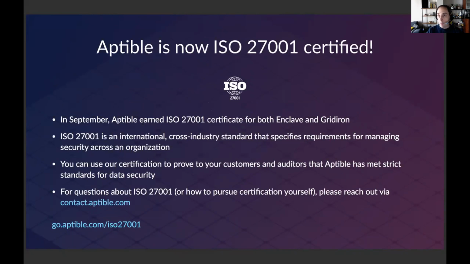One important announcement that I want to make before handing this over to Thomas is a recent announcement for Aptible, the organization. In September, we officially became ISO 27001 certified. ISO 27001 is an international cross-industry security framework that specifies requirements for managing security across an organization.